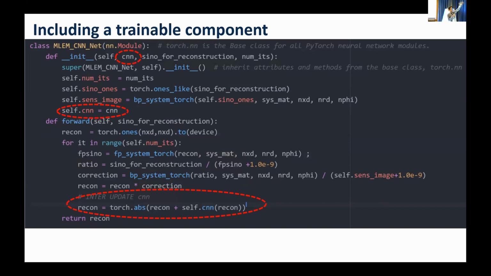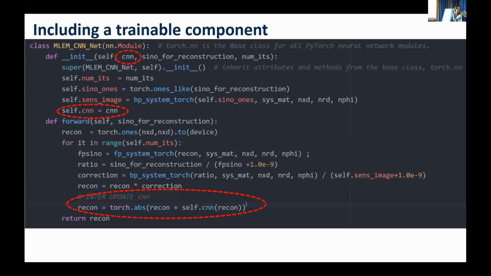So I'm passing a trainable function method, if you like, or trainable object, I should say, maybe. And then just naively, for the sake of demonstration here, I'm saying, well, what I could do is just learn what I need to add to my reconstruction in order to update it such that it matches a high quality reference.